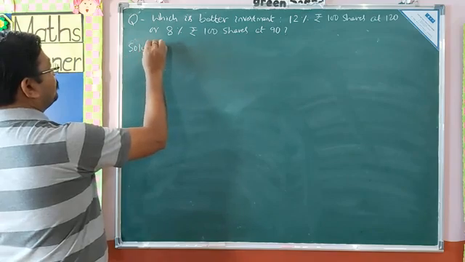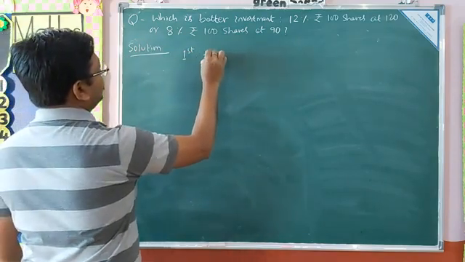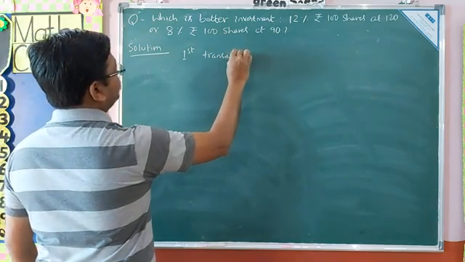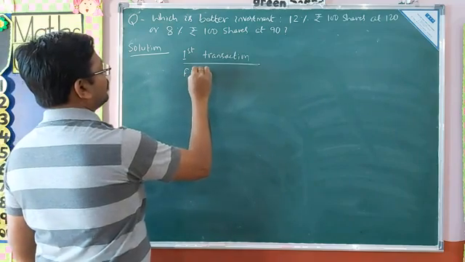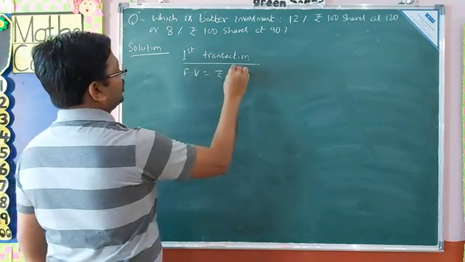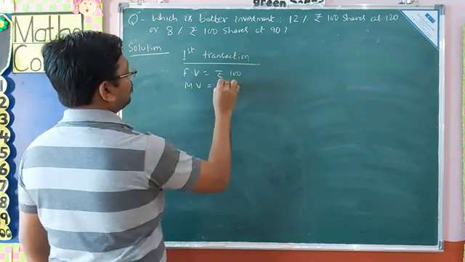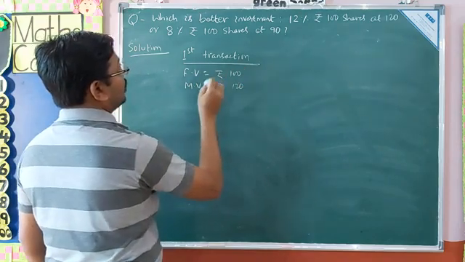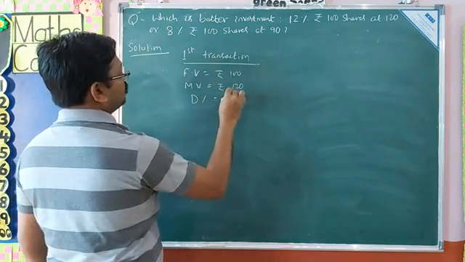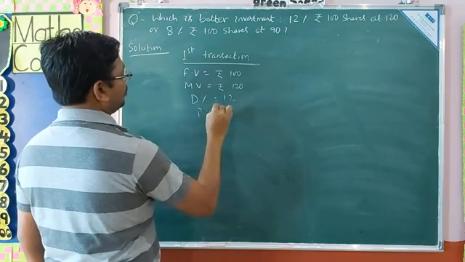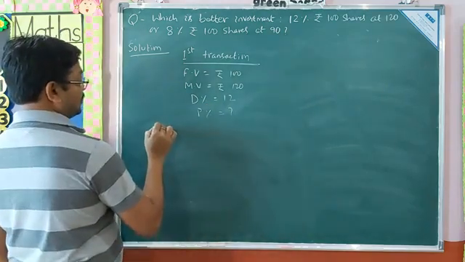So the first one we will note down. For the first transaction, face value is given as rupees 100, market value is given as rupees 120, and dividend percent is given to us as 12, and we need to find the profit percent. So we have our Brahmastra formula. What is that?